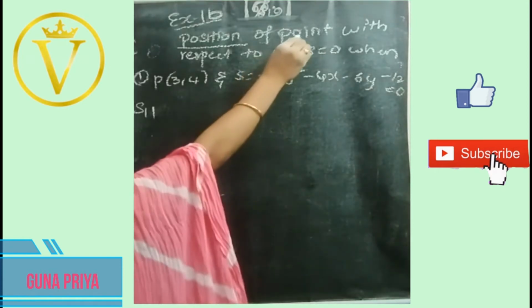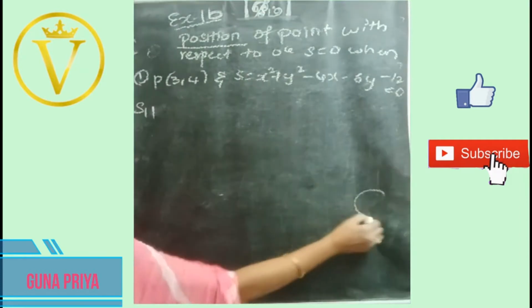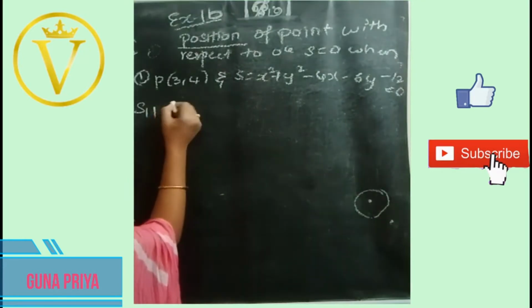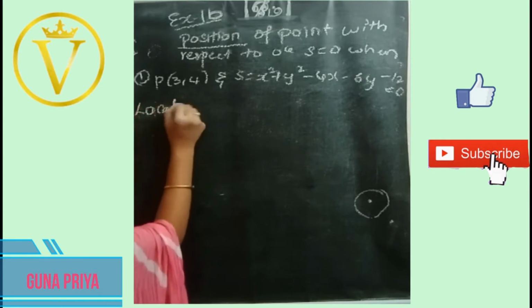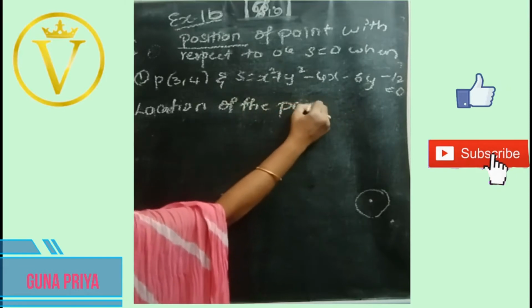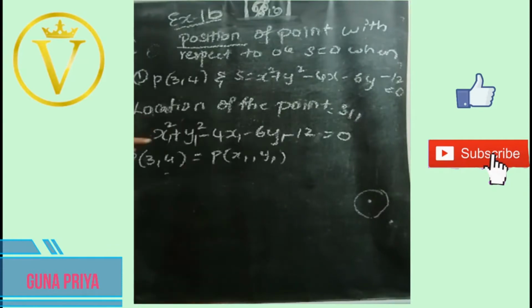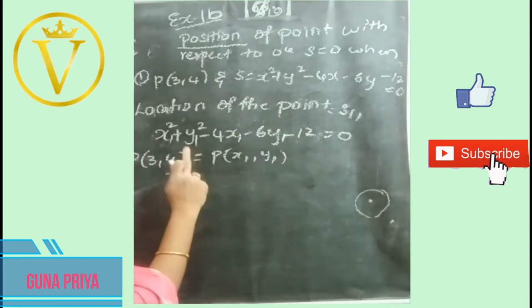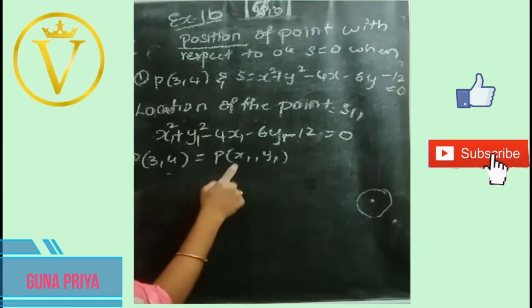So the location of the point S11 is x1 square plus y1 square minus 4x1 minus 6y1 minus 12. Now this is the point they have given.